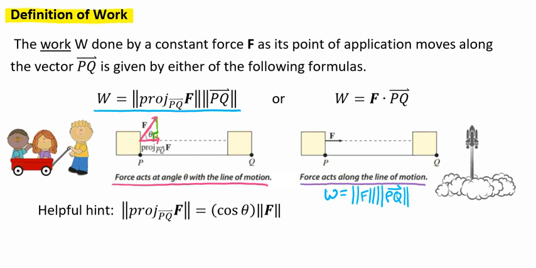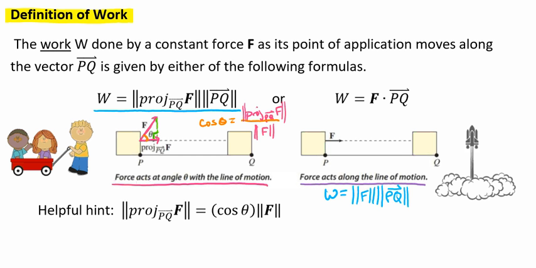But if we take a look at the right triangle that we've made, we can see that we have this angle theta here. If we take the cosine of that, that tells us that the cosine of theta is the magnitude of the projection of F onto our vector divided by the magnitude of F.